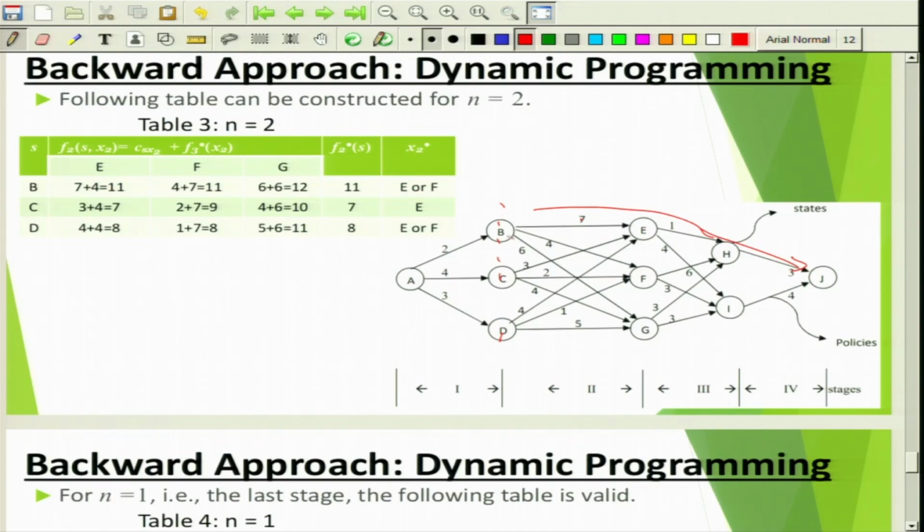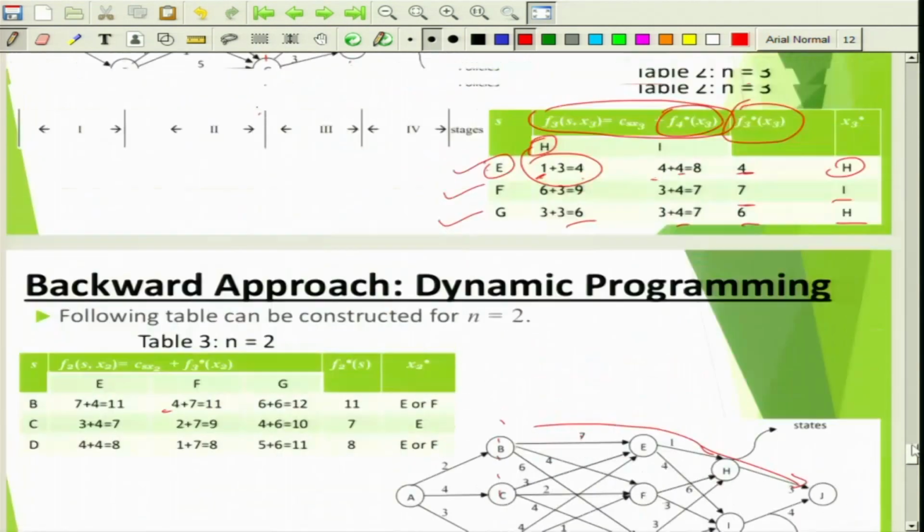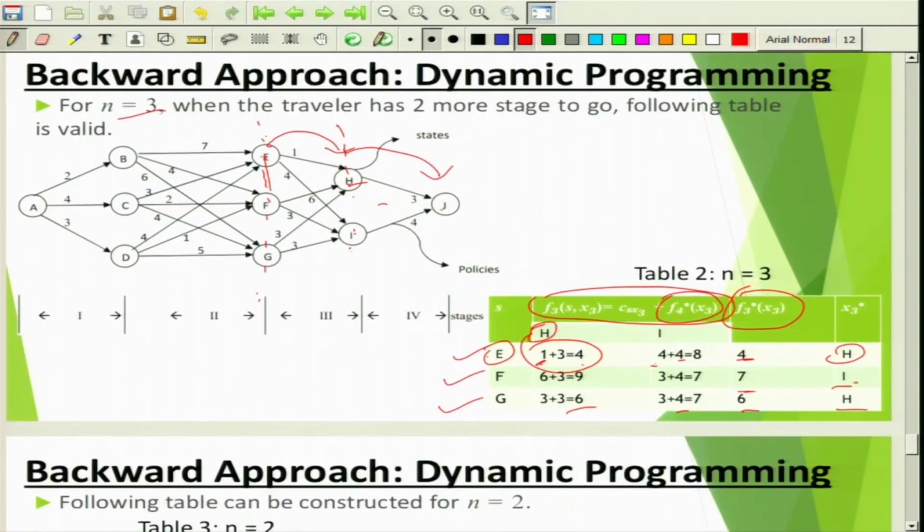And B to F is 4 plus, if you come to point F, the most minimal approach is that you need not go to H, you should go to I, and then you can go to J. This is what we identified in the previous step. I is the best.